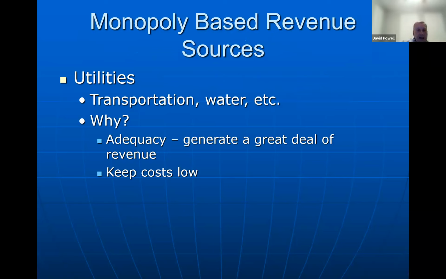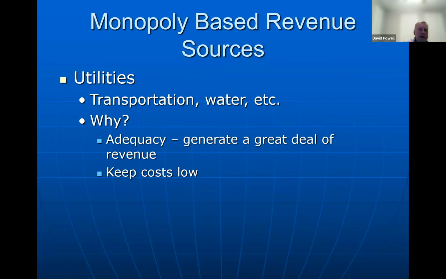Then another non-tax source of revenue that kind of crosses over with user charges a bit are what we call our monopoly-based revenue sources. And so the classic example there would be a utility. Utilities, you can then charge people for the benefits that they are getting from consuming those utilities. So things like transportation, water services, they tend to be monopoly-based revenue sources, but they also tend to be somewhat amenable with user charges.